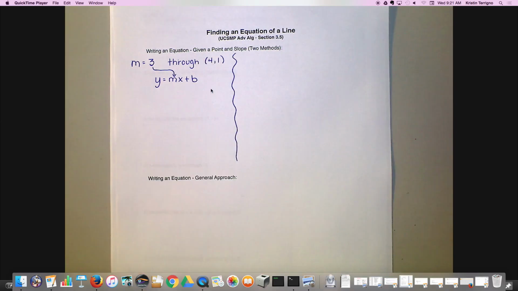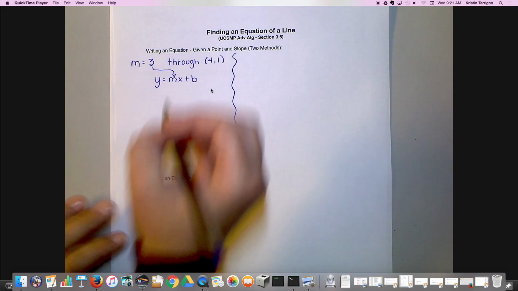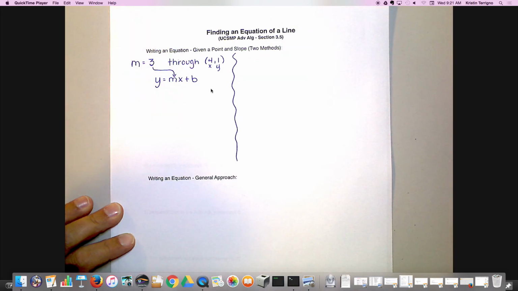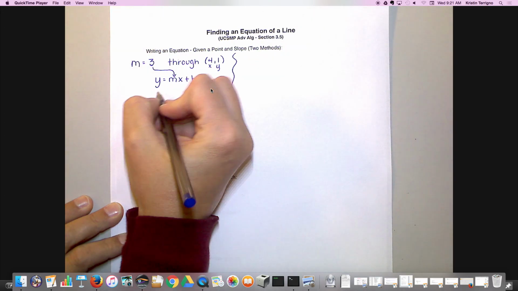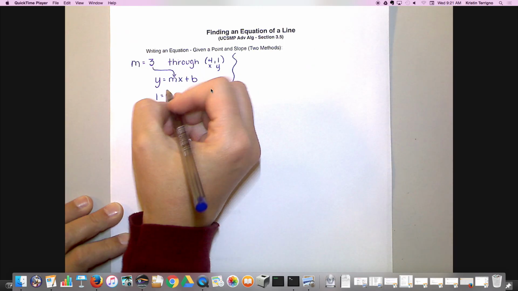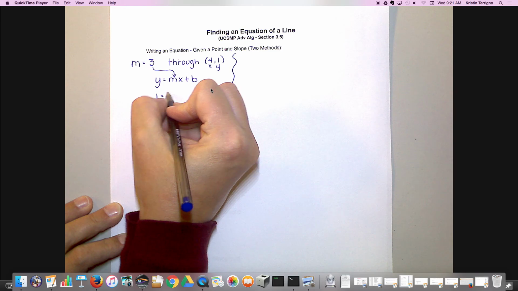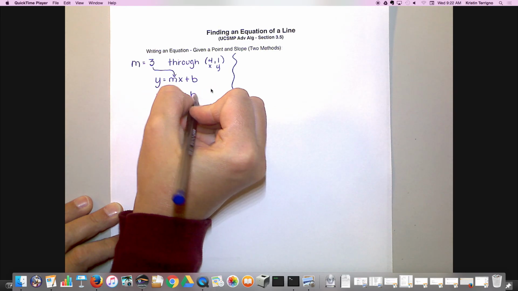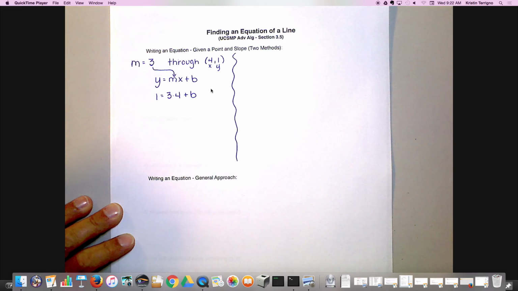Normally in our equation we don't want numbers in where x and y are, but we can use those numbers to solve for b. So I'm going to plug this in for x and this in for y just temporarily. So my y is 1. I think you were a little backwards in what you said, but you had the right idea. That's okay. So m is 3, x is 4, and then b is what we're trying to find.